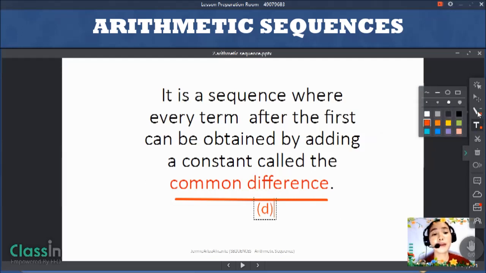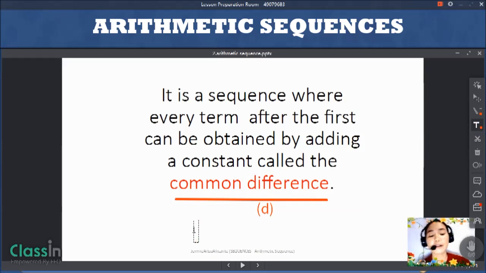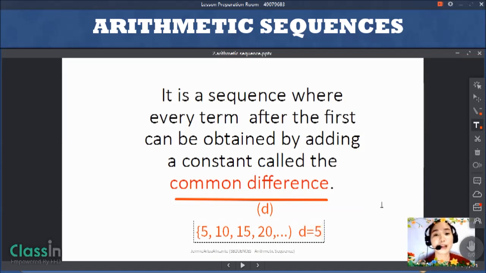In our previous example, wherein we have 5, 10, 15, and 20, every time we subtract any two consecutive terms, the answer is 5. Therefore, we can say that the difference here is also 5. That is what we call the common difference.